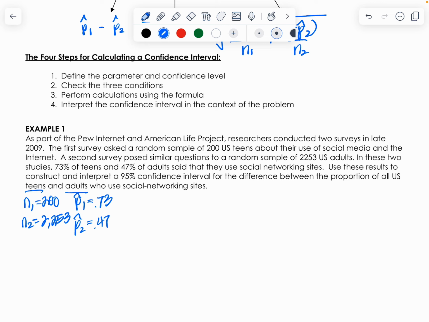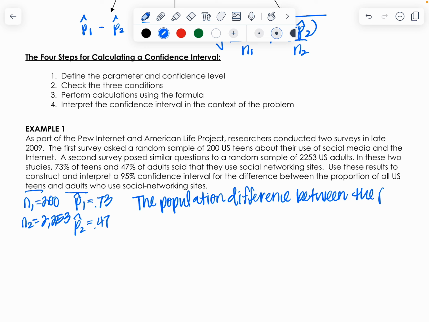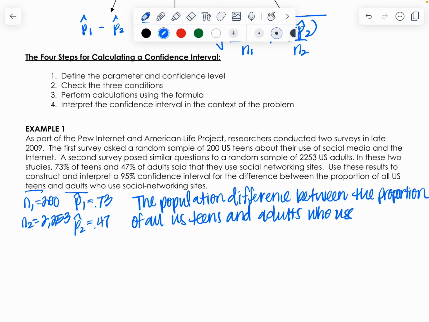And so remember, step 1, we are estimating the population difference between the proportion of all U.S. teens and adults who use social networking sites, right?